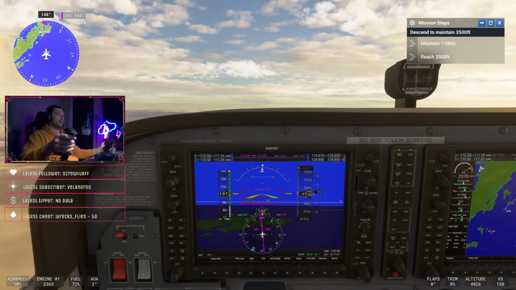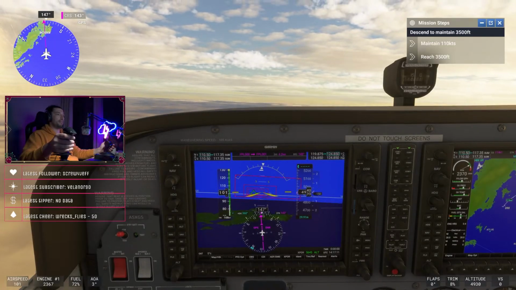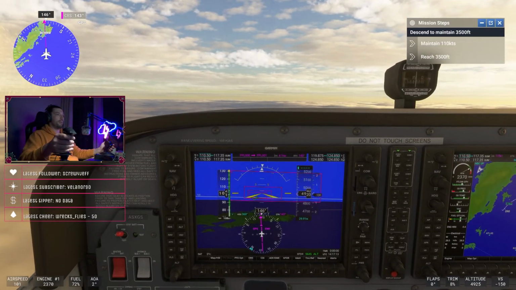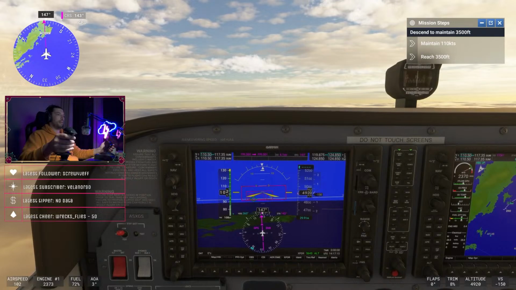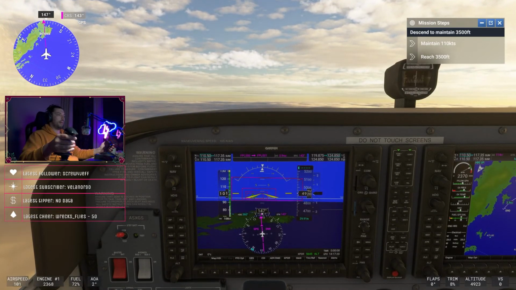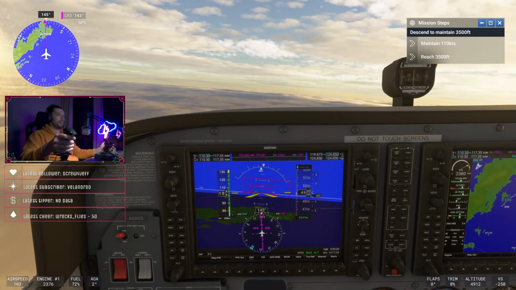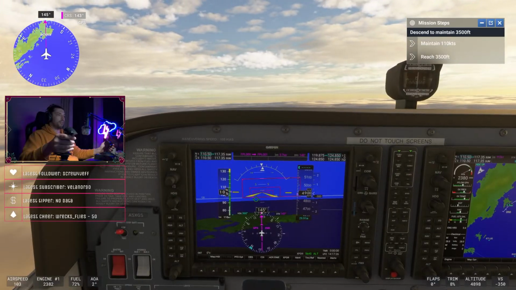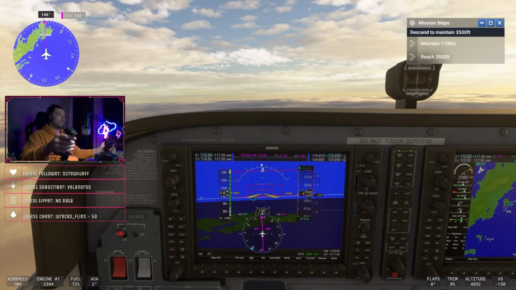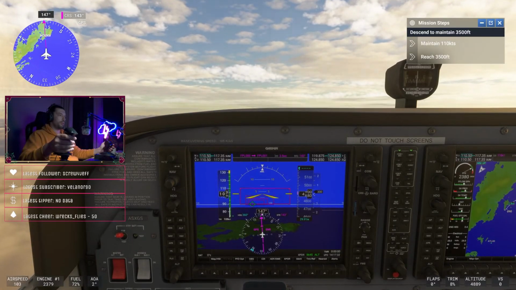Look at that. Look how good I'm doing now. Already 80 feet down. Alright. It feels like I'm not losing altitude as much as I should. But then I will just try to keep it into the box right now.